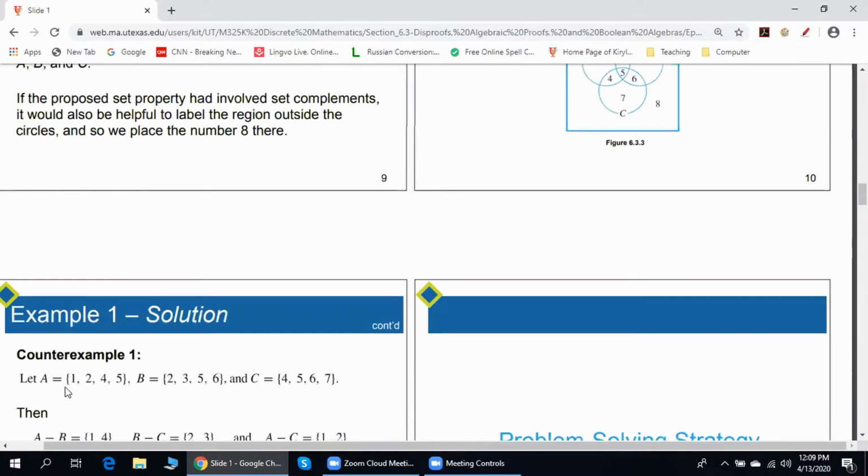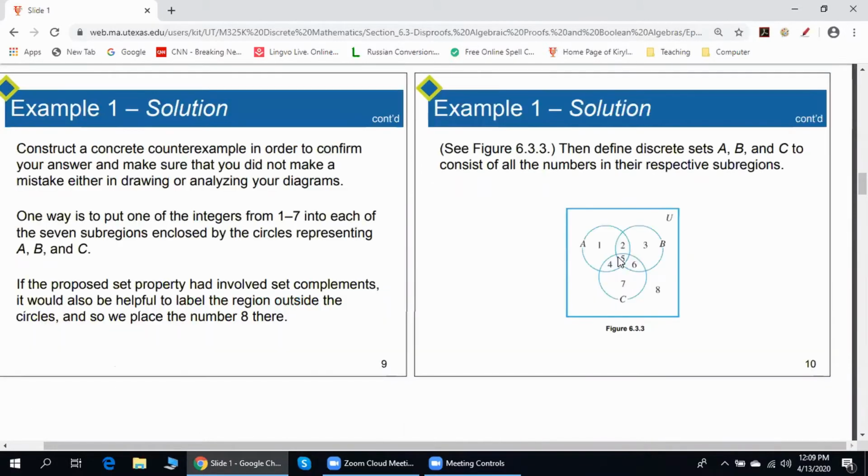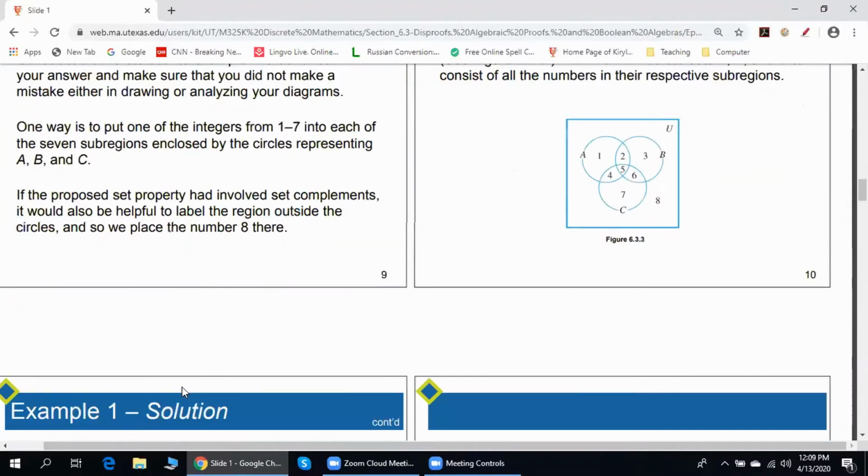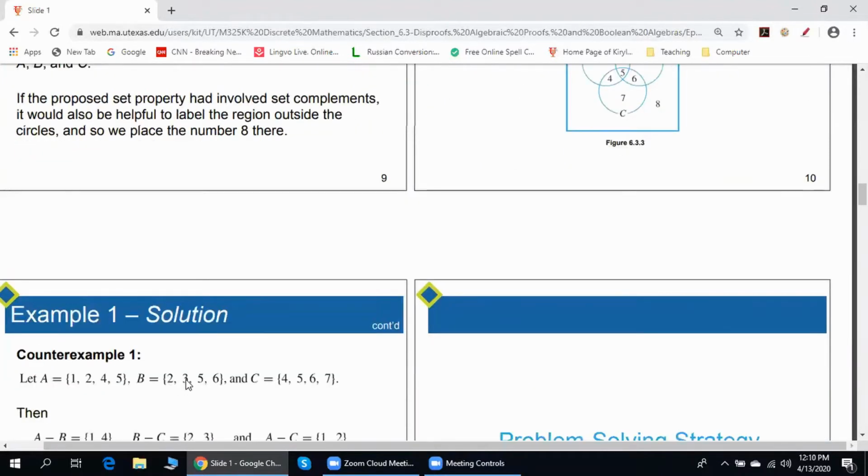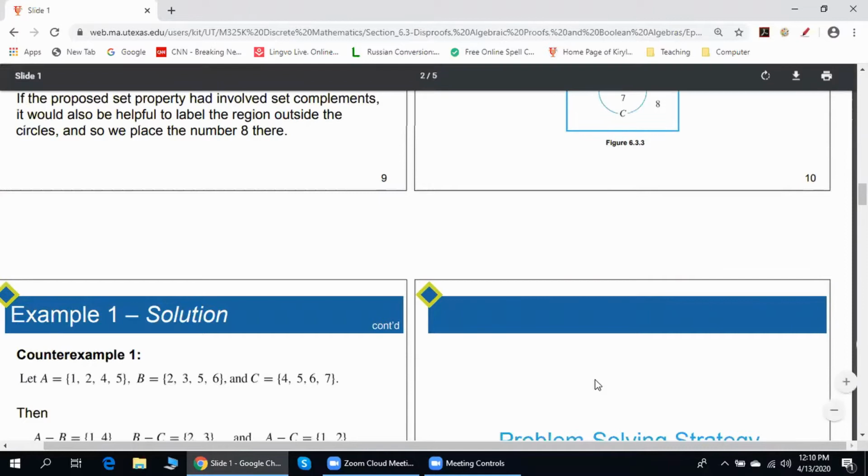A, which consists of 1, 2, 4, 5. According to this picture, indeed, this set A consists of 1, 2, 4, 5. Similarly, B consists of the following numbers: 2, 3, 5, 6.